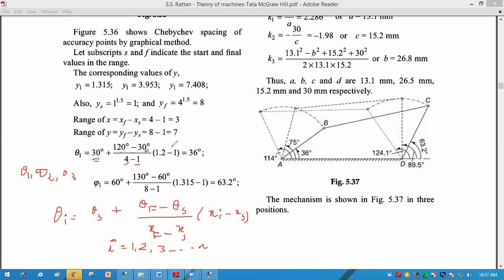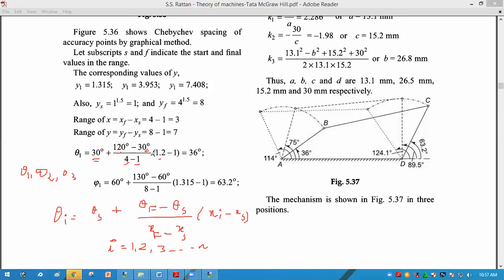So 4 minus 1 into the xi value. We have found out the xi value, and here for theta 1, the x1 value is 1.2 minus xs, xs meaning the starting value, that is 1. That gives 36 degree. So theta 1 equal to 36 degree.